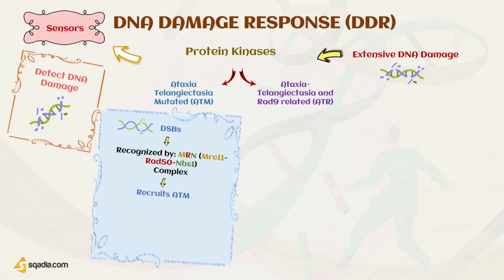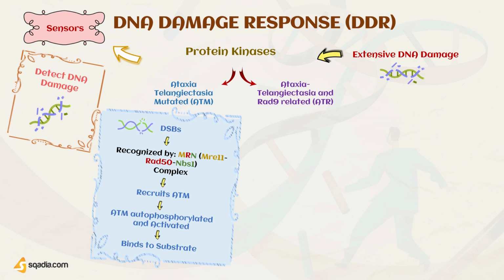Then, it recruits the ATM to the site of damage. Once recruited to the site of DNA damage, ATM undergoes autophosphorylation at several sites, which promotes its activation and allows it to bind to its substrates.